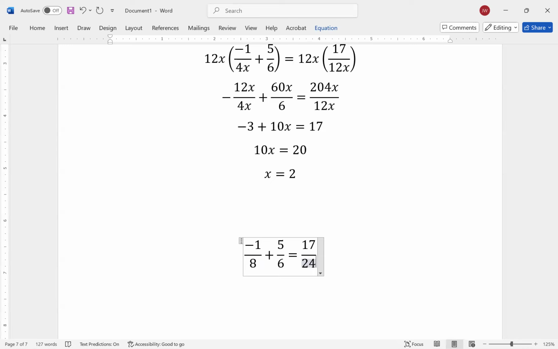And on your calculator, if you take negative 1/8 and then add 5 over 6, you do indeed get 17 over 24. So this is a true statement. And so that confirms that x equals 2 is the solution.